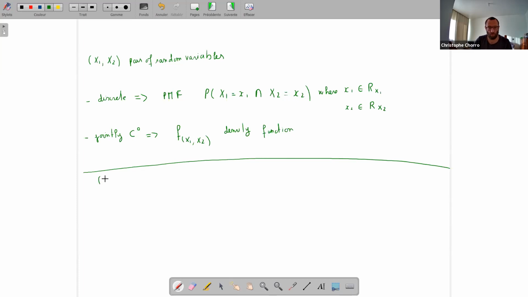So of course, if I don't work with a pair, but with a vector of size n, I can do exactly the same thing, okay? In the discrete case, I will have to compute the probability mass function of the n-tuple, okay?